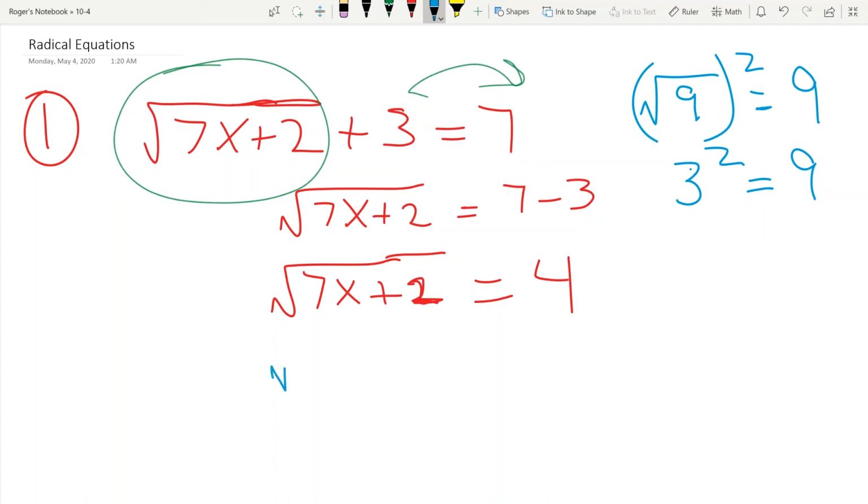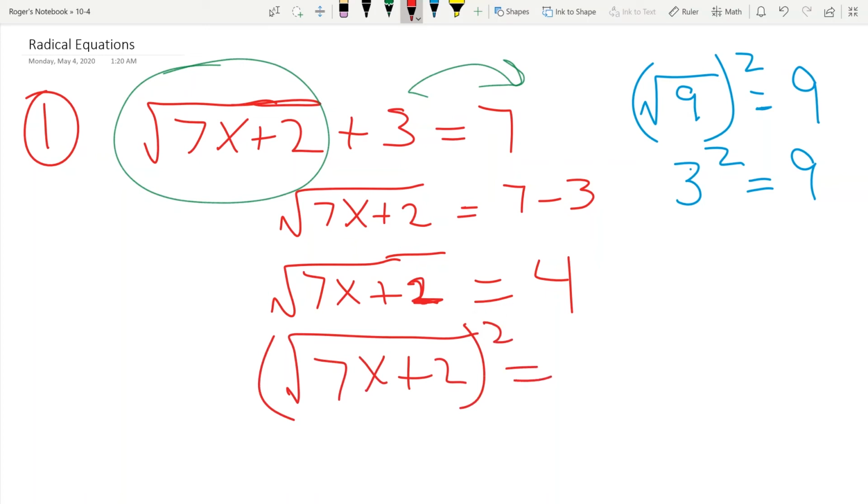So I'm going to show this work, though, because I want to make sure that you all are following along. So what we're going to do is take this here, 7x plus 2, and we're going to square the left side of the equation. And that will be equal to the right side squared as well. What you do to the left, you do to the right. So left side squared equals right side squared.